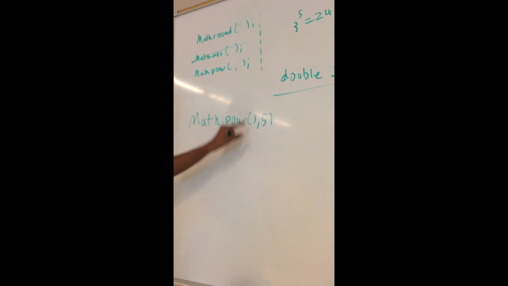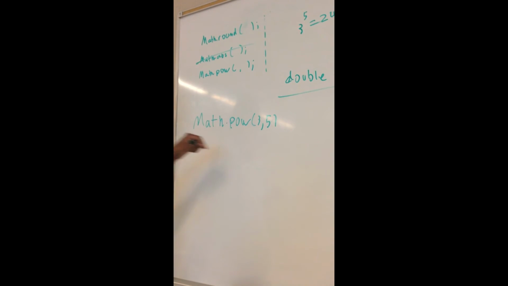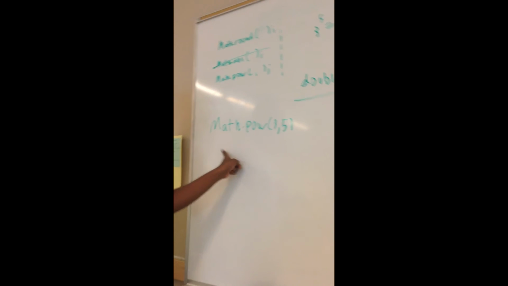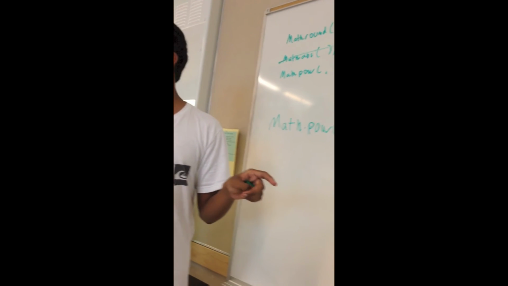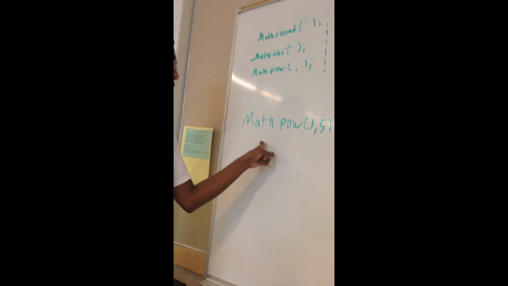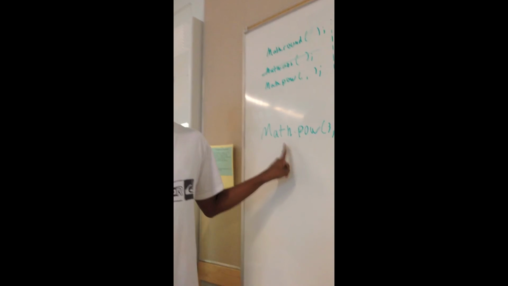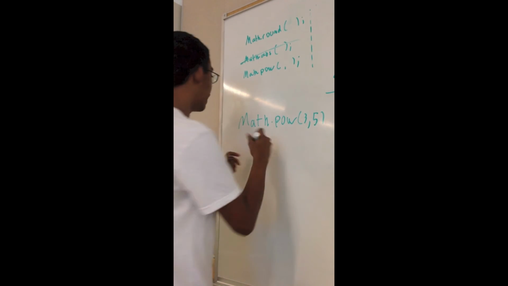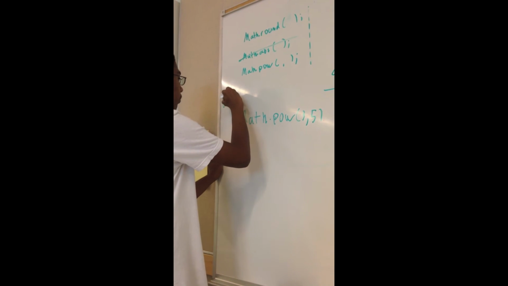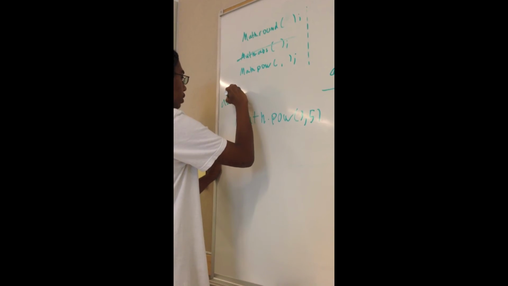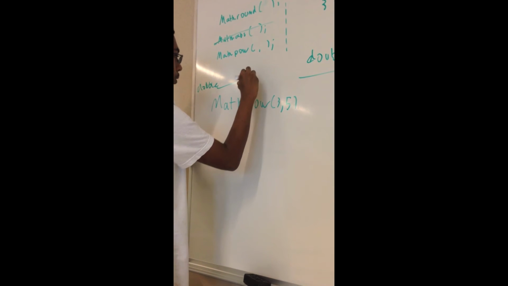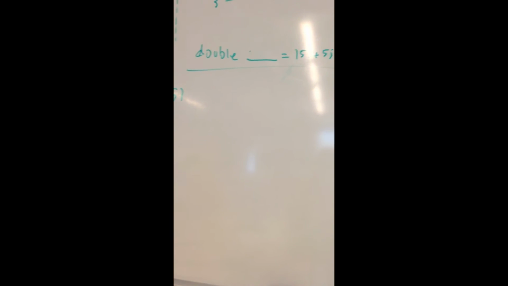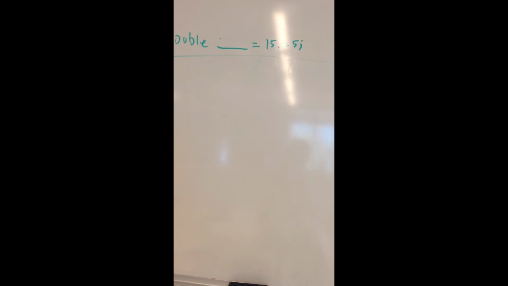I'm saying take this number to this power. Also, a word of caution: even though you're most likely going to end up with an integer unless you do a really weird fractional power, this returns a double. So make sure you always save this inside a double: double something equals this. Don't use an int for that, because that's going to screw you over.